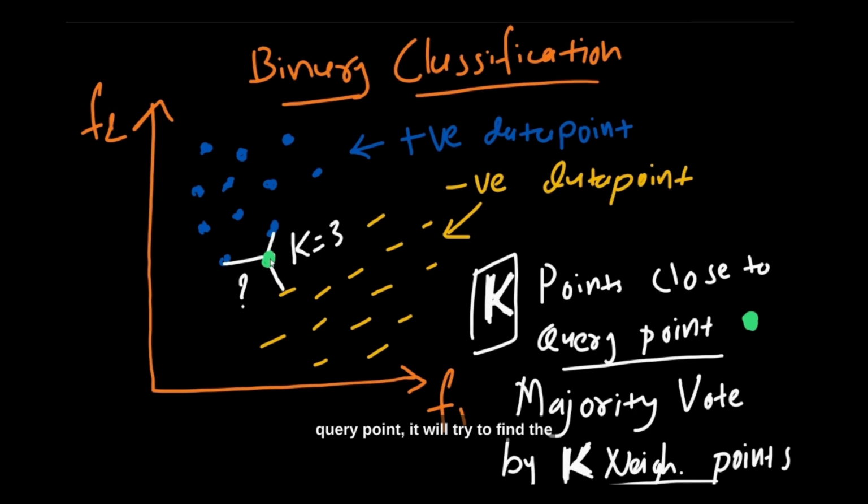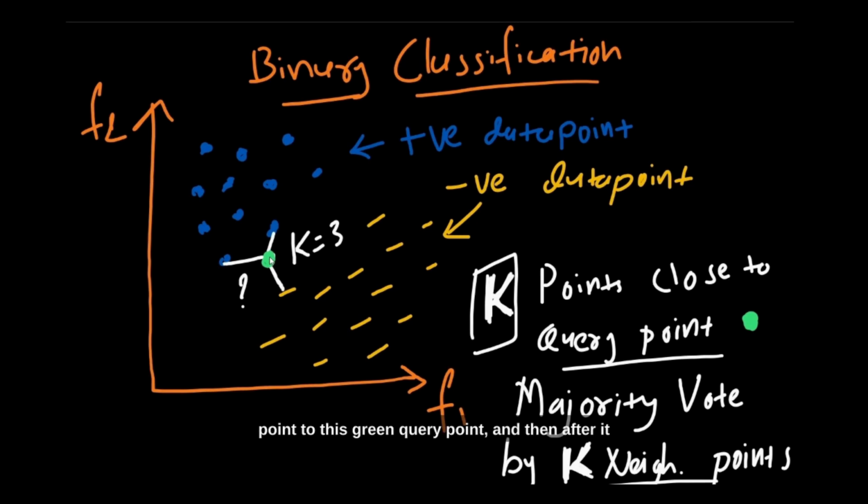For the green query point, it will calculate the distances of all the points from this green point and sort out the top 3 nearest points. Let's say these 2 blue points and this 1 yellow point are the 3 nearest points to this green query point.